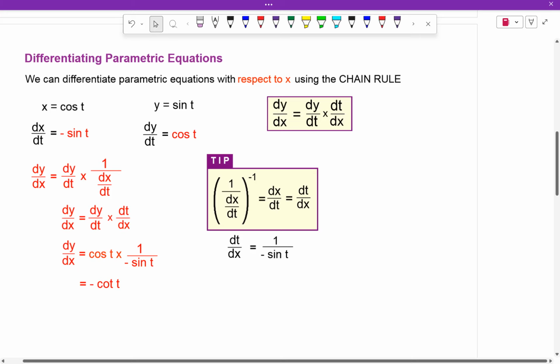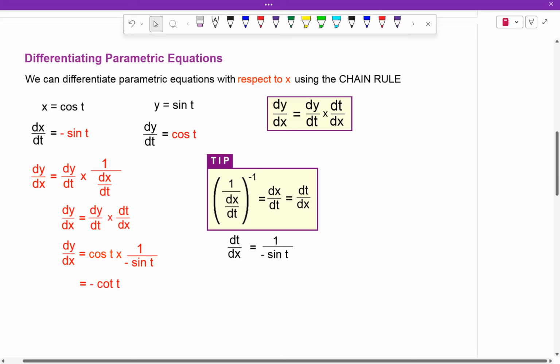Alright. Now find the equation of the tangent to the curve where t equals 2. First we find the gradient. Our gradient is equal to -1 over 2.